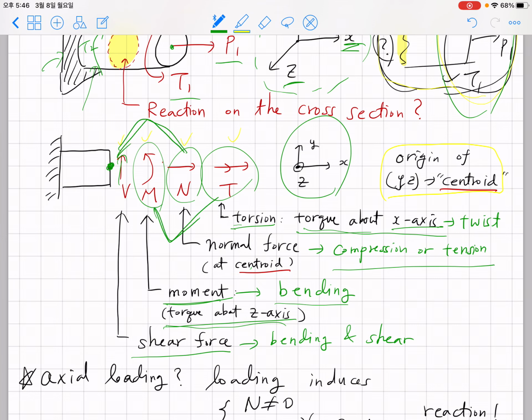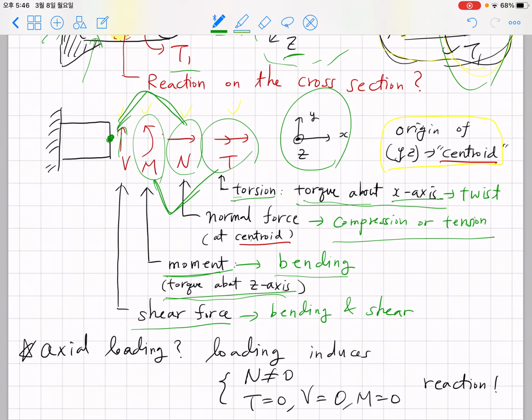By considering these two forces and two torques, you can always find mechanical equilibrium conditions. Okay, and what is axial loading? Axial loading is the loading such that the loading only induces a non-zero N, but all other reactions must be 0: torsion 0, shear force 0, and moment 0. Okay, in this case we call such loading axial loading.